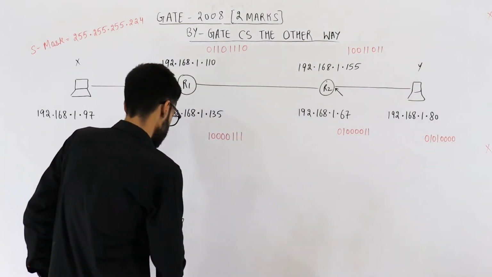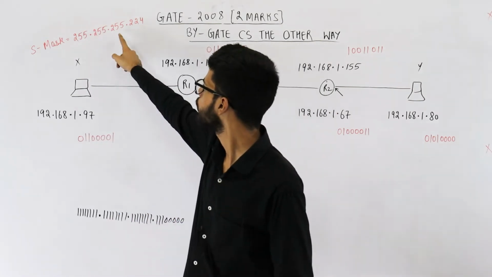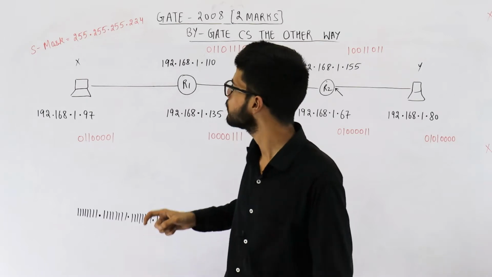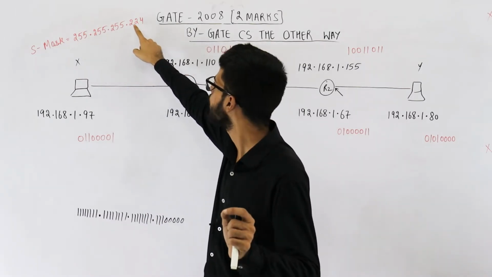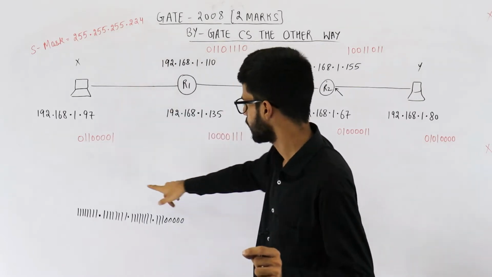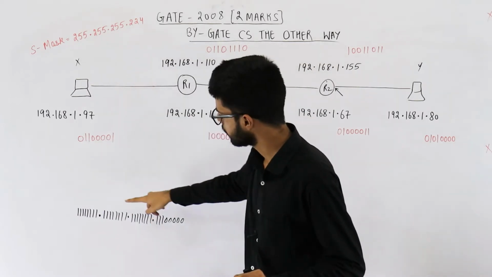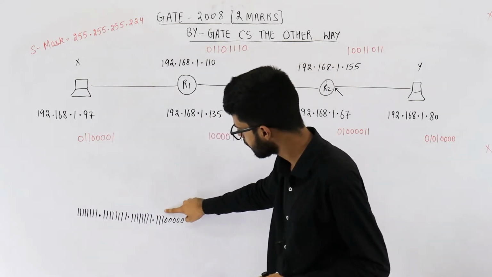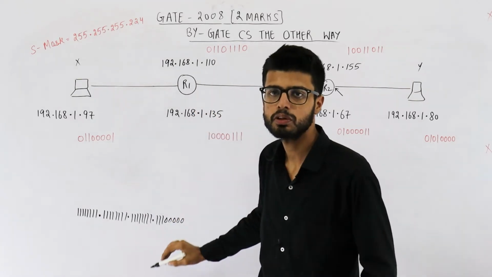So the given subnet mask is 255.255.255.224. That means 3 octets are all ones along with the first 3 bits of the last octet. Here I've converted this subnet mask into binary. It will be all ones till here: the first 3 octets along with 3 bits from the 4th octet.